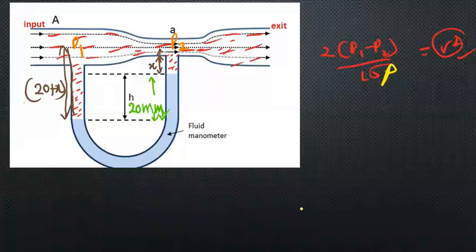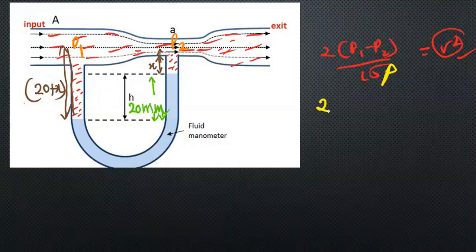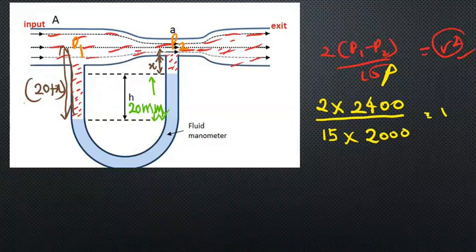Now we have P1 minus P2 as 2400. Let's apply the values here. So 2 into 2400, divided by 15 and rho, which is 2000, is equal to v squared. Let's simplify further.